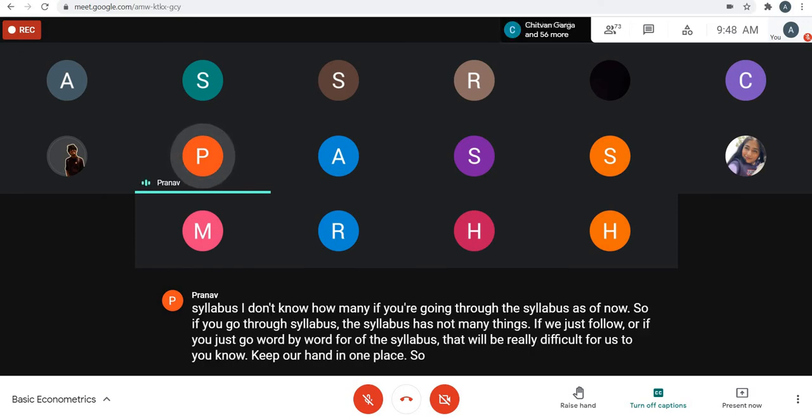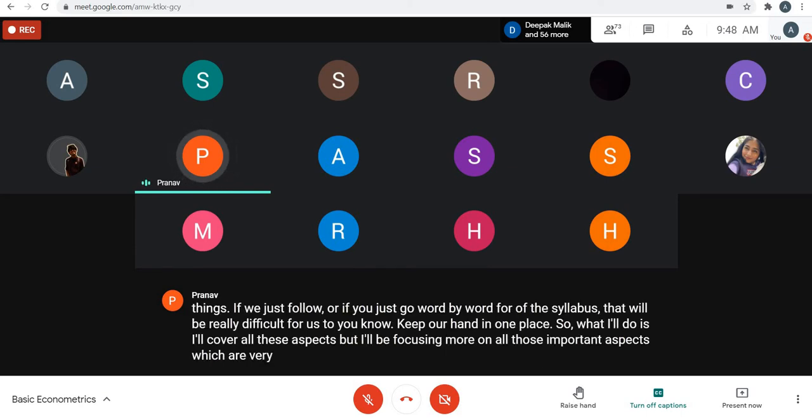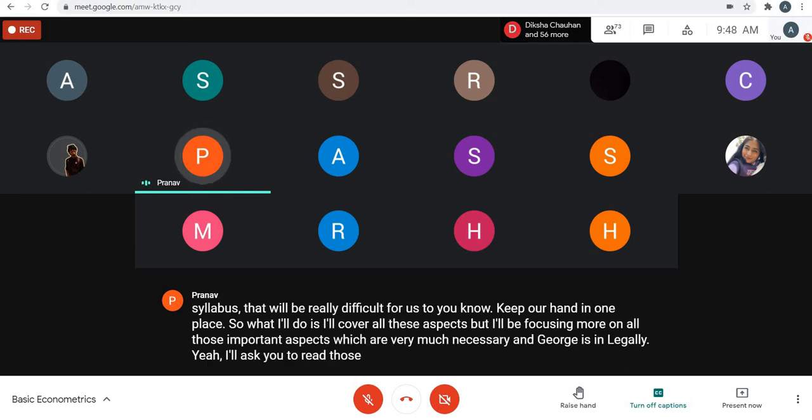So I'll cover all these aspects, but I'll be focusing more on all those important aspects which are very much necessary. And जो चीजें मुझे लगेंगी कि आप खुद से पढ़ सकते हो, I'll ask you to read those things yourself. So that's it. That was all that I had to say.